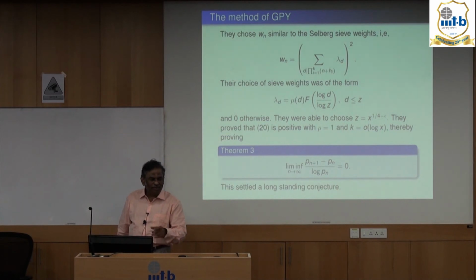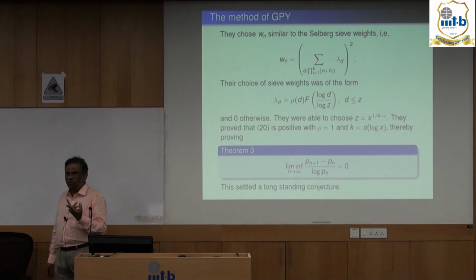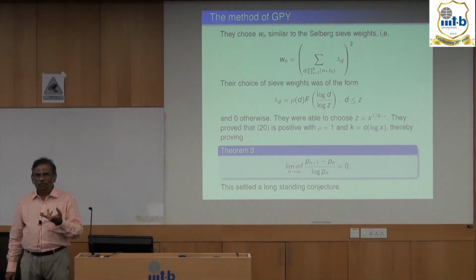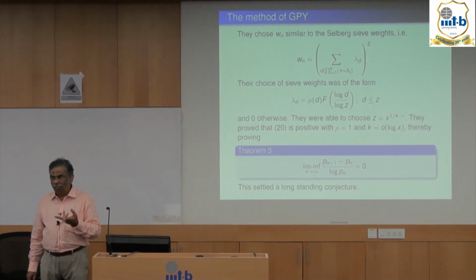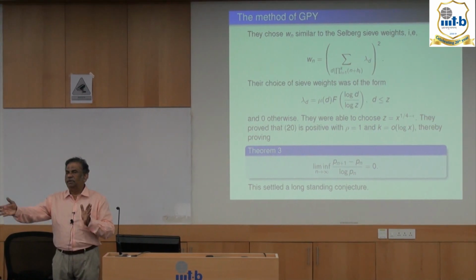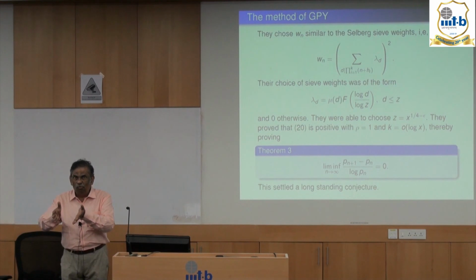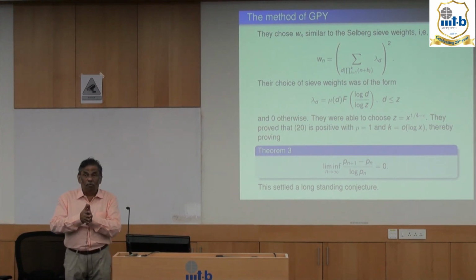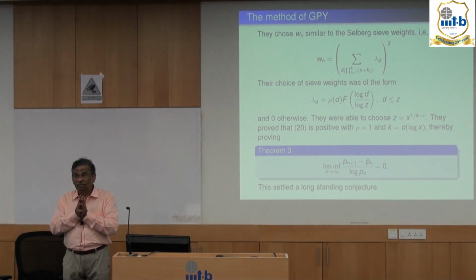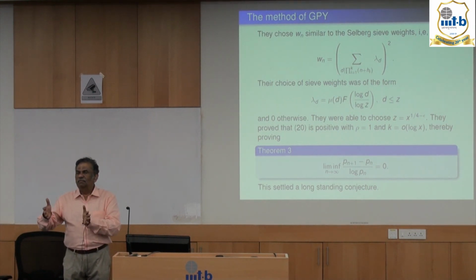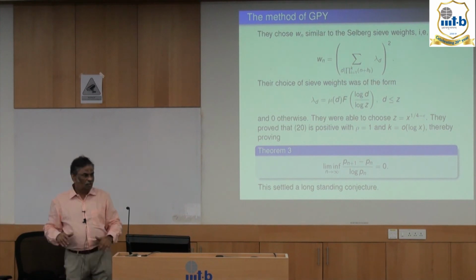The most important thing is this: when you take two consecutive primes and their difference, on average it is log p_n, because the number of primes up to x is x by log x, therefore the average difference will be around log. But now what it proves is that the lim-inf is actually 0, which means there are infinitely many times when the difference is much smaller, little o of log.